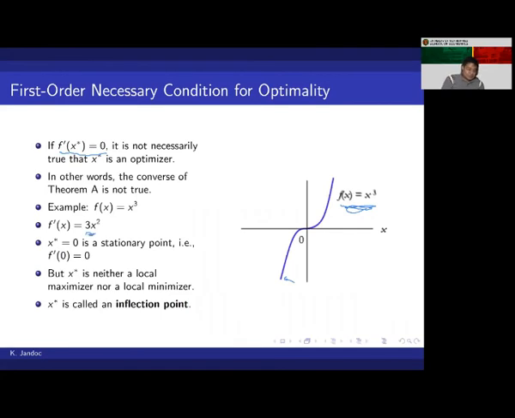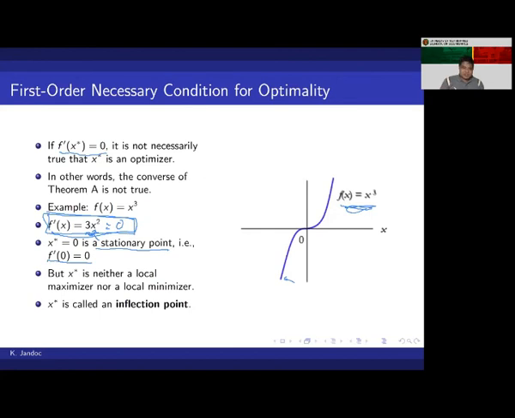For this to be equal to 0, x star equals 0 will satisfy this condition, f prime of 0 equals 0. So x star equals 0 is a stationary point because it satisfies f prime of x equals 0. If we plug in 0 here, 0 squared times 3 is equal to 0.